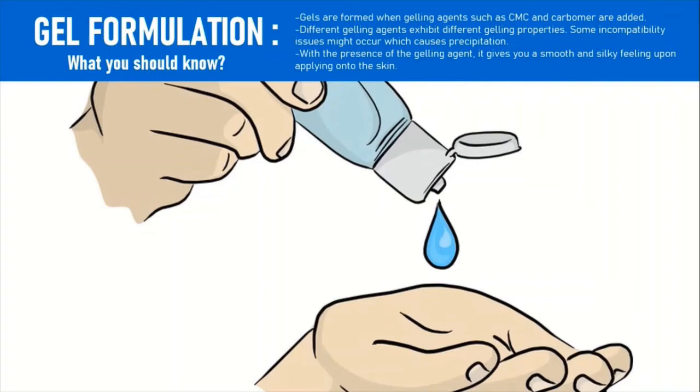Different gelling agents exhibit different gelling properties. Some incompatibility issues might occur, which cause precipitation. With the presence of the gelling agent, it gives you a smooth and silky feeling upon applying onto the skin. Based on my research, carbomer is the most suitable gelling agent for this hydroalcoholic solution.